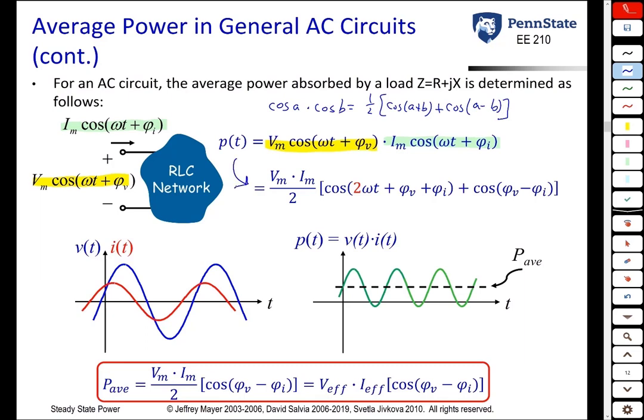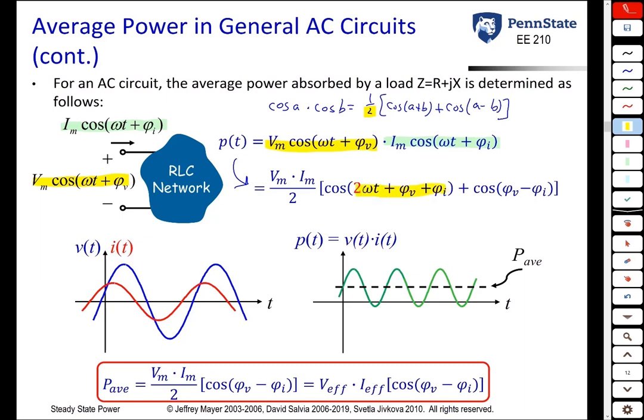In this equation, the Vm and the Im come outside the brackets, and there's a 2 in the denominator due to this. Then when you add the parts in parentheses, omega t plus phi sub v plus omega t plus phi sub i, we get 2 omega t plus phi sub v plus phi sub i.